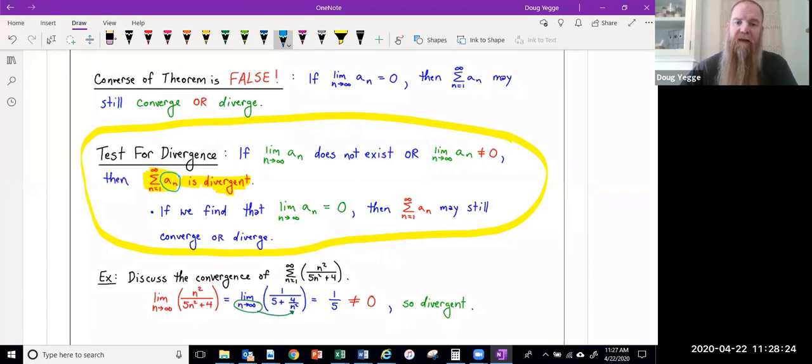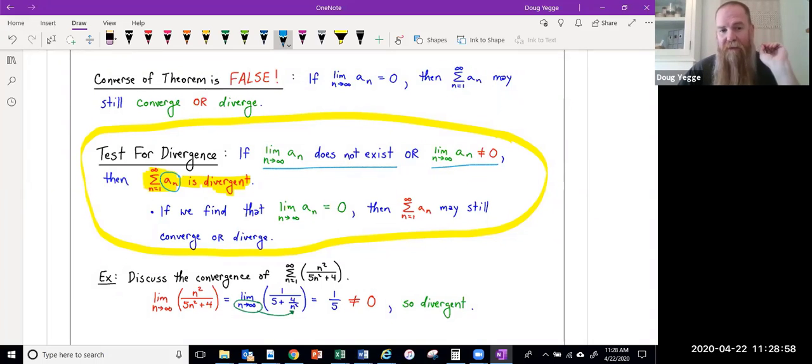So what we're basically saying here is, if I can tell automatically that the limit doesn't exist, or if the limit just doesn't equal 0, then I know that the series is automatically divergent. Well, that's really helpful. Really, really helpful. Because it's saying that if I take a limit and I get anything other than 0, the series automatically diverges.